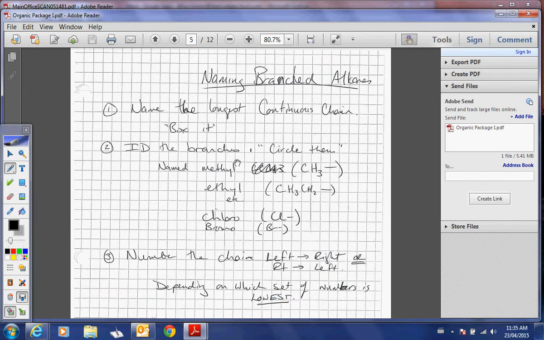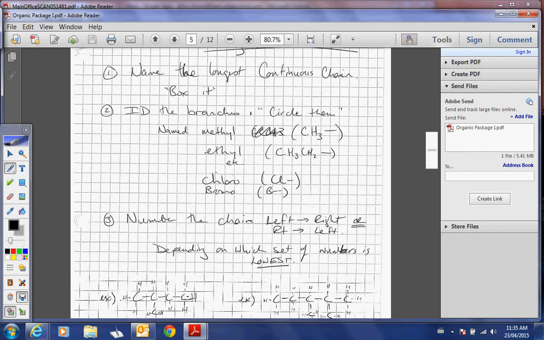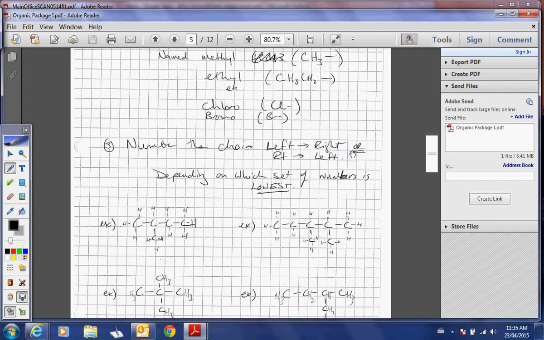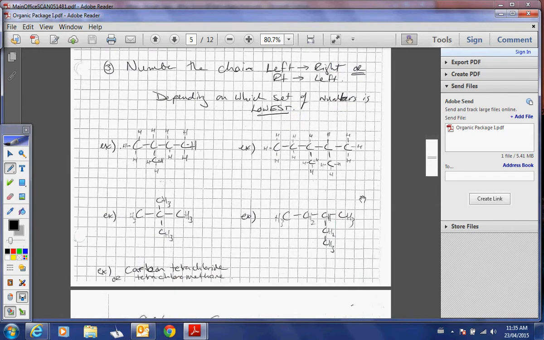And I've got the branches here: methyl, ethyl, etc. Look what we put with a Cl, chloro, and a Br, bromo. So you're gonna have to look at those. So box the longest chain, circle the branches, name them. Number the chain, left to right or right to left, depending on which set of numbers is lowest. And here's some examples.